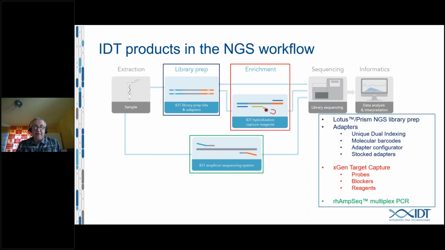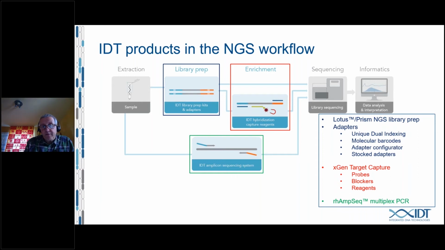And where IDT has products in, it's really a modular system. So for the library prep, we are offering the Lotus library prep for high quality DNA, but I will focus here more on the Prism for quality compromised DNA samples. With library prep also come adapters that have to be added for enabling sequencing on the Illumina platform. For the enrichment, as mentioned by Simon, people can order the capture probes also from IDT.